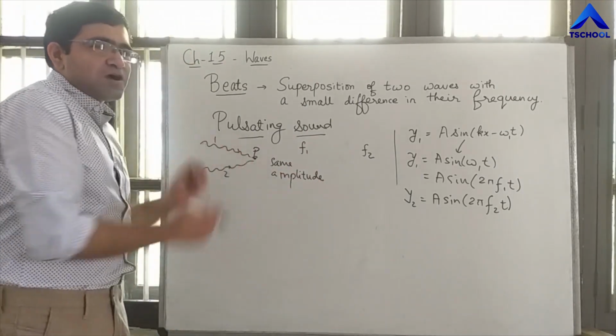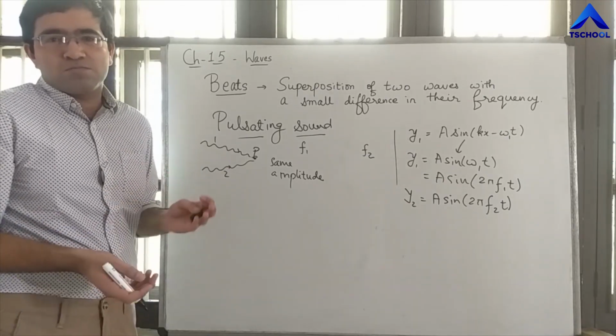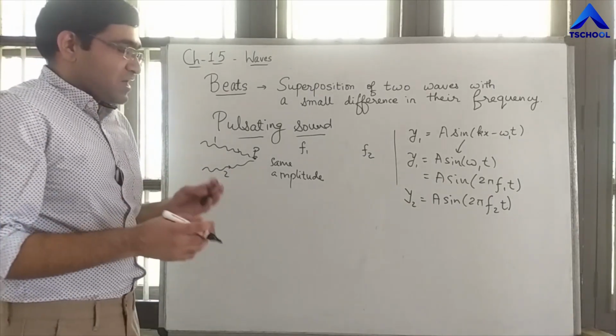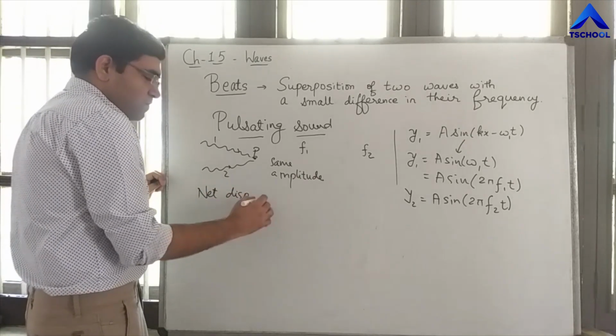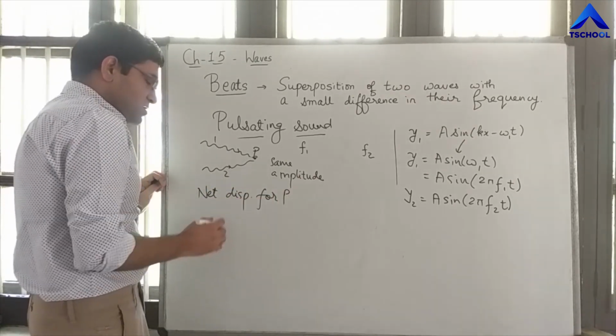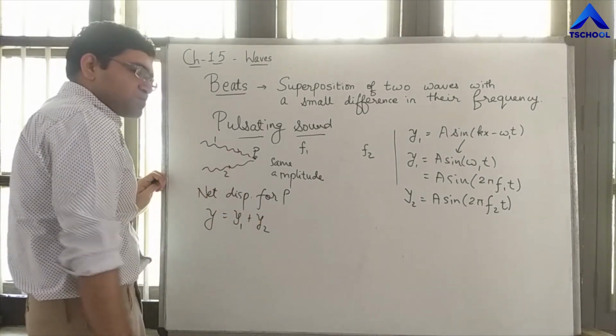Because both waves are arriving at this point, there will be superposition between them, and that means the net displacement for particle P is y equal to y1 plus y2.